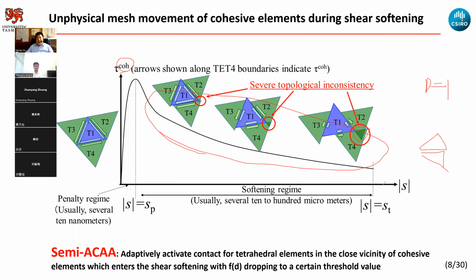So what we do is control the timing of activating the contact. What we use is the semi-ACAA, the adaptively activated contact for tetrahedral elements in the close vicinity of the cohesive element which enters the shear softening with FD dropping to a threshold value.